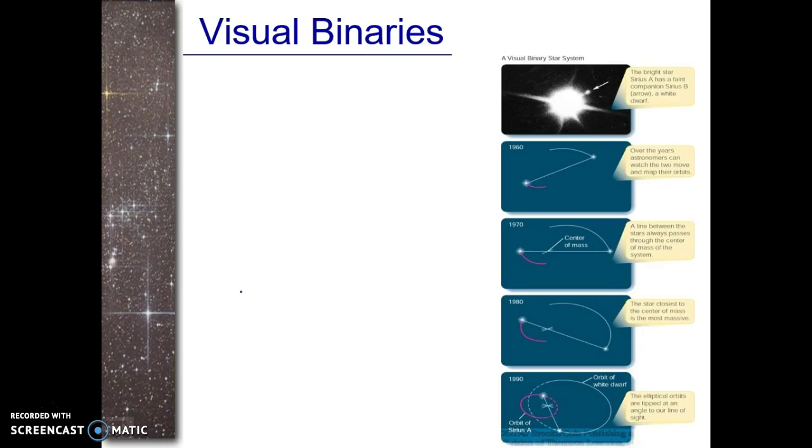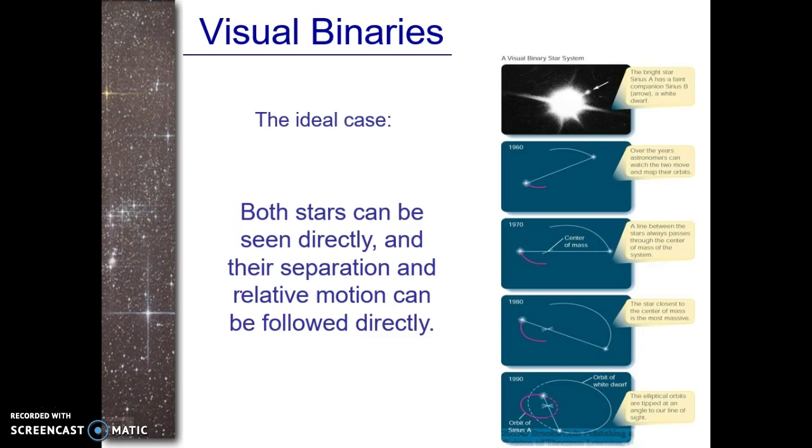All right, there are 3 types of binary star systems, and you need to know the 3. The first one is a visual binary system. A visual binary system is when you have 2 stars that are visible through a telescope. It's only possible if they have large orbits with long orbital periods. An example of this would be Sirius.